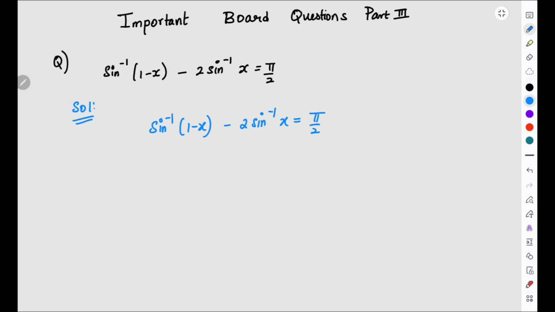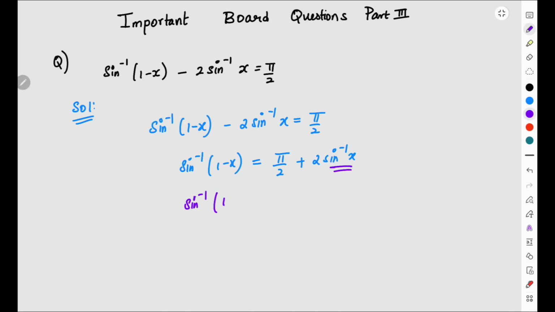So what we can do here is, let us consider sine inverse (1 minus x) is equal to pi by 2 plus 2 times sine inverse x. So here we will consider this sine inverse x as, say, t.